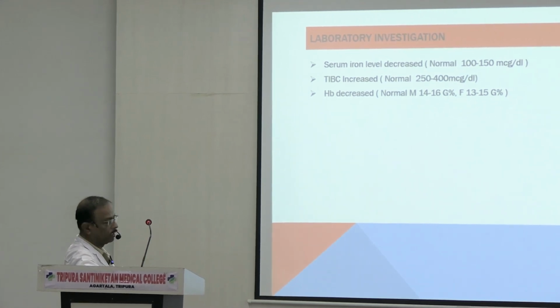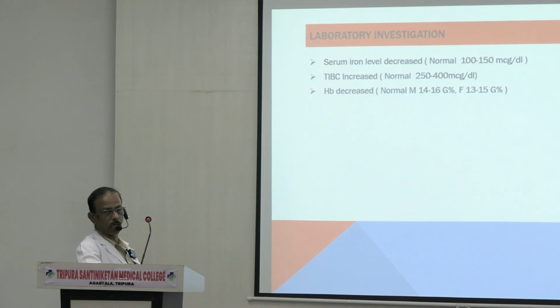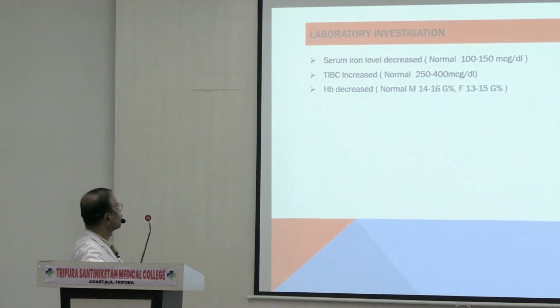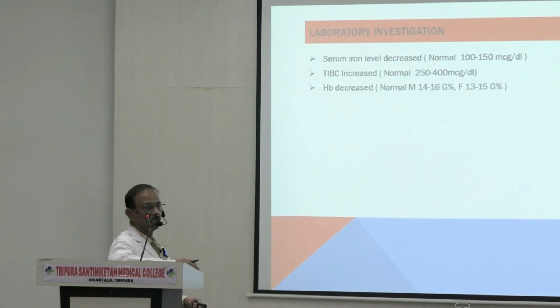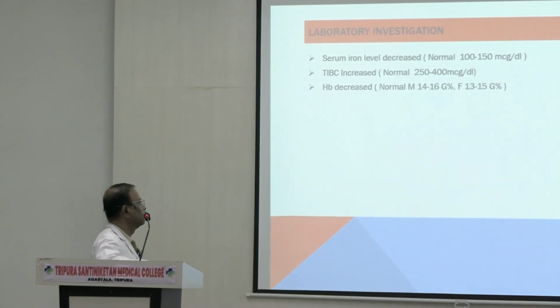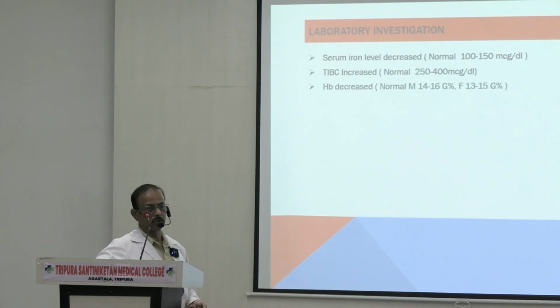So total iron binding capacity goes more than 400. Hemoglobin decreased, normal is 14 to 16 for male, female 13 to 15. These are the biochemical parameters.